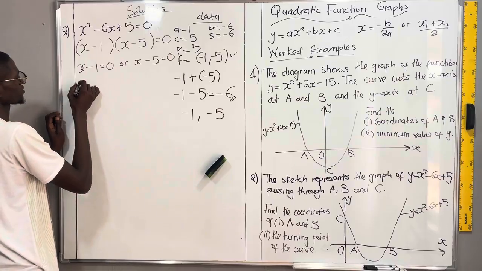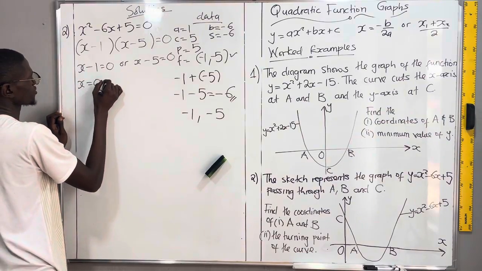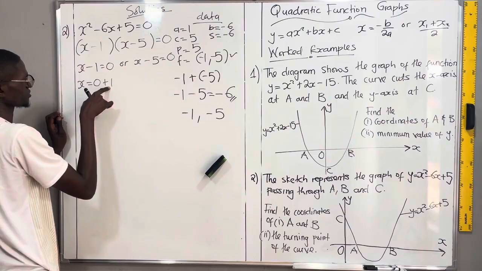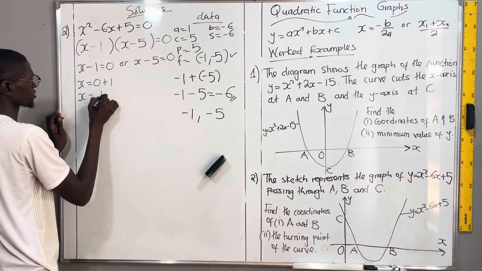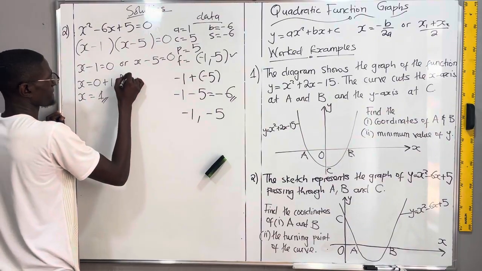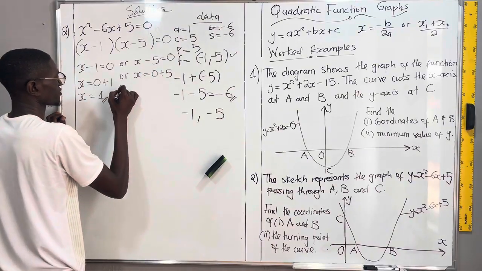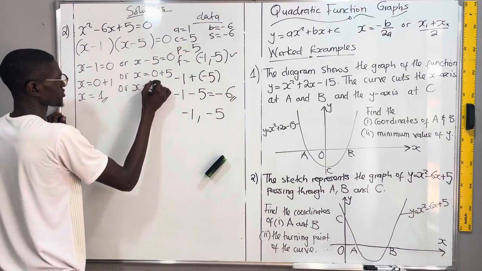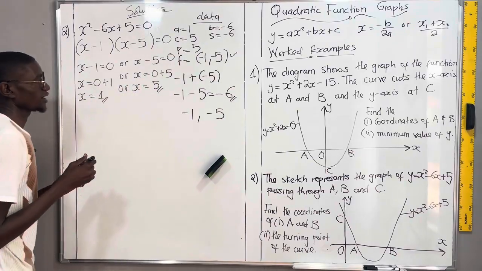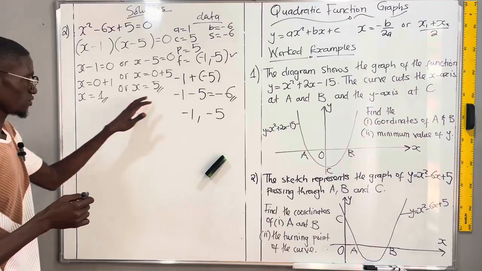So at this point, x is equal to 0 plus 1. When this negative crosses, it becomes a positive. So the x coordinate here is 1, or x is equal to 0 plus 5, so x is going to be positive 5. These are the x coordinates for these 2 points.